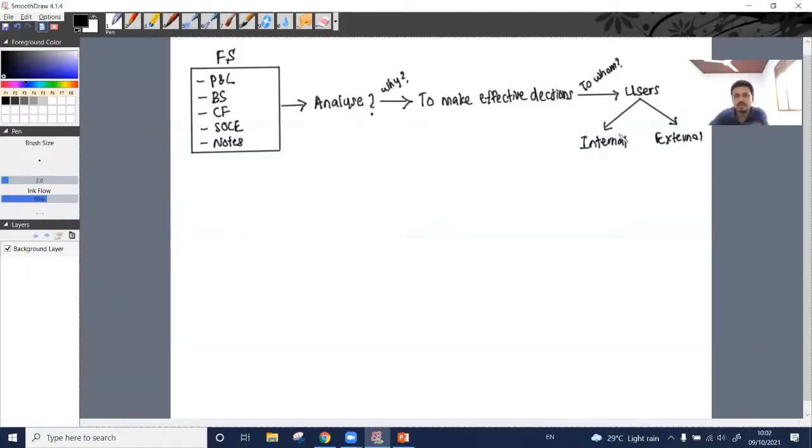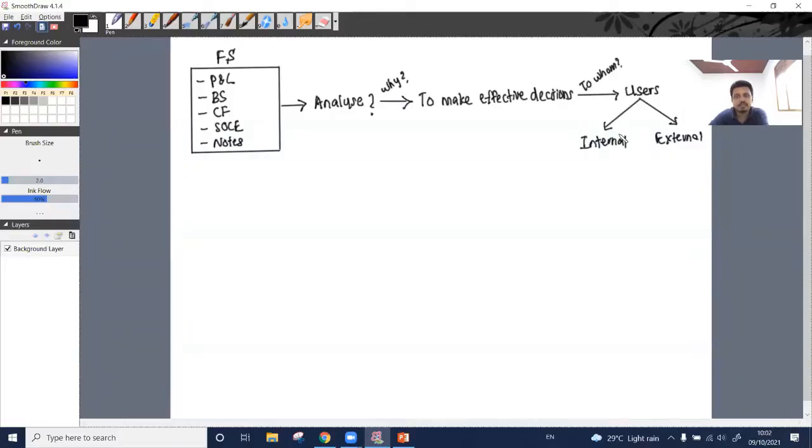Those who are within the organization, within the company, like company employees and management. Then who are external users? Those who are not within the entity. Examples: suppliers, customers, general public, even government.